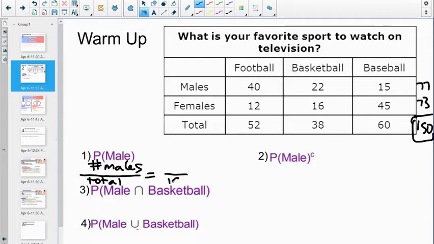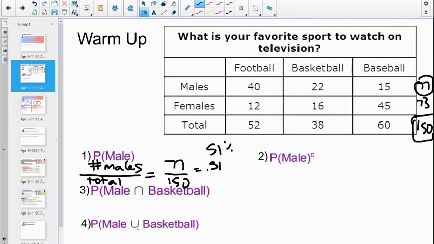So we have 150 in our denominator, and our numerator is our total number of males, 77. If you take 77 and divide it by 150, you get 0.51 if you round down, or 51%.